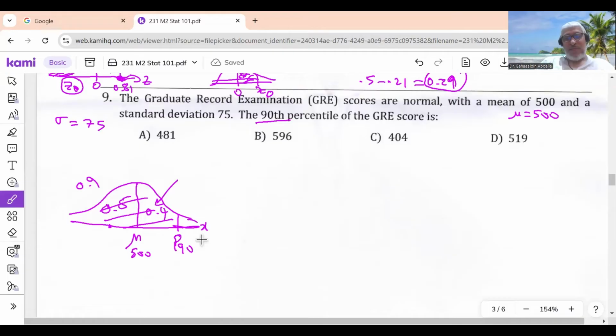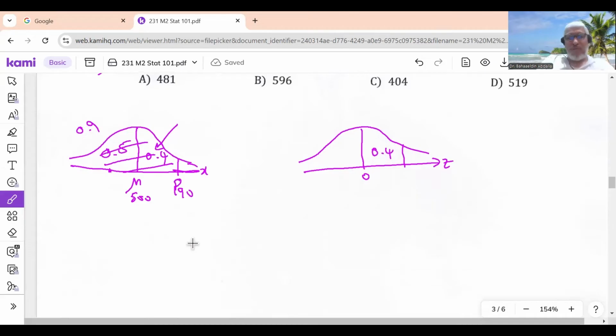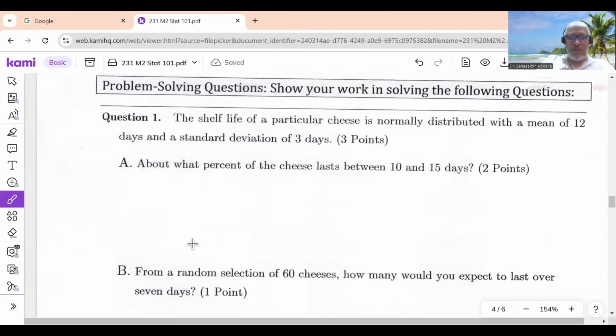But the table is a table of Z, not of X. So if you search for 0.4, you will get the 90th percentile of Z, not for X. No problem. Let us get it and see how to answer the question.